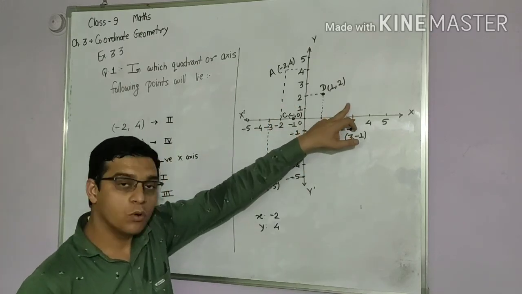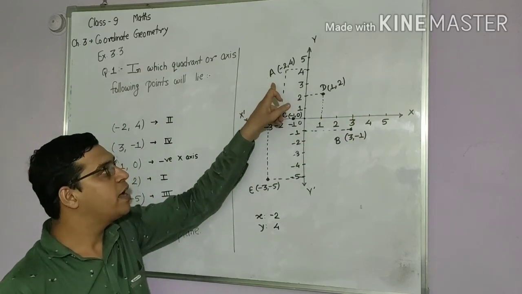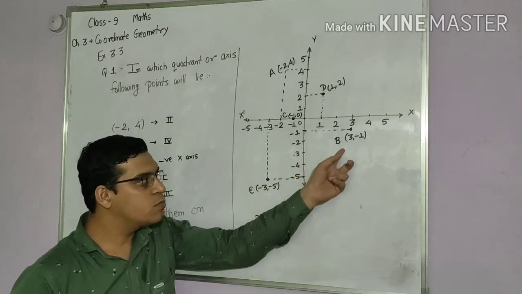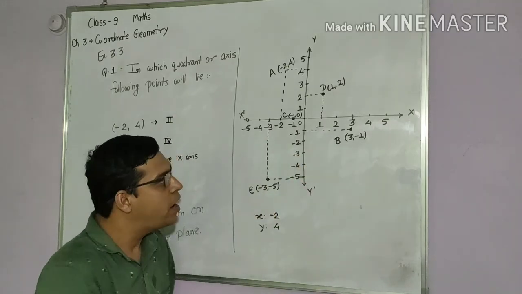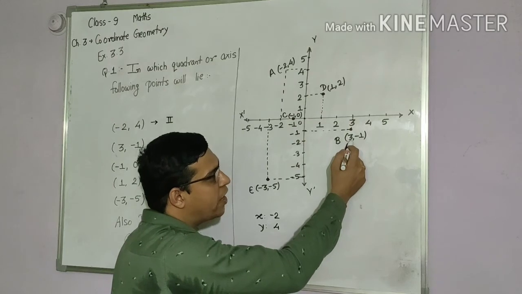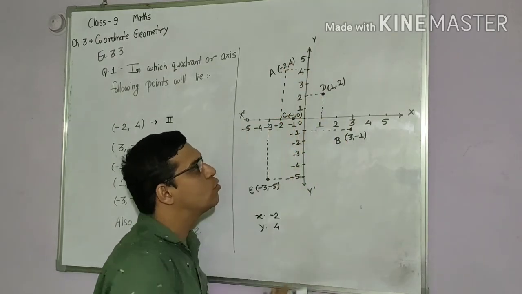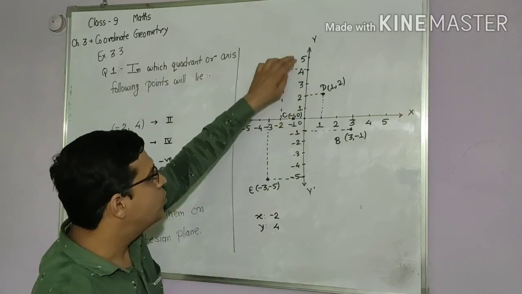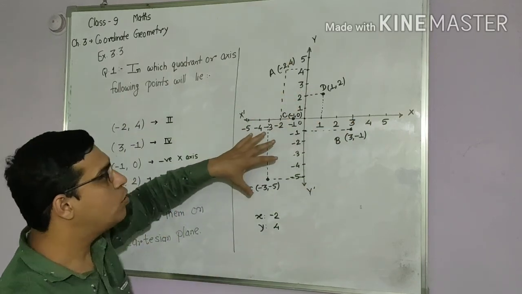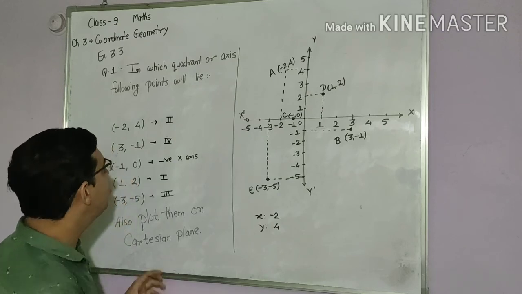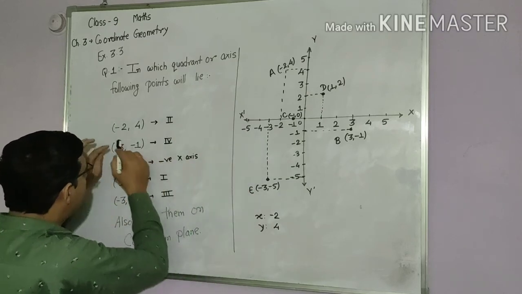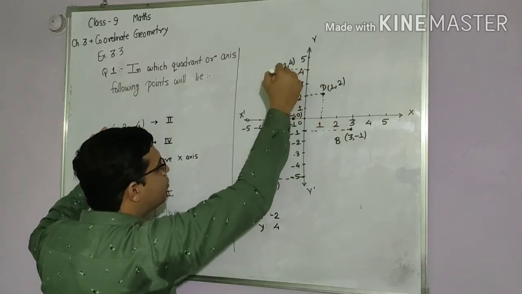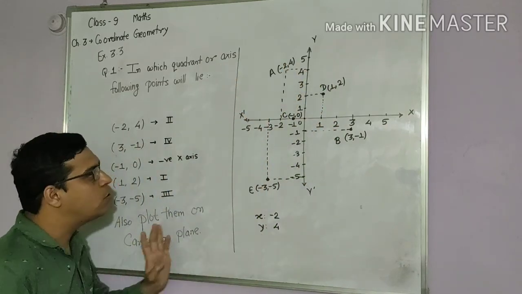In the first quadrant both are positive, in the second x is negative and y is positive, in the third both are negative, in the fourth x is positive and y is negative. The x coordinate is also called abscissa, the y coordinate is also called ordinate, and these two axes together are called coordinate axes. To locate any point, we just look at the x and y coordinates and accordingly put that point and locate it. That is all you have to do.